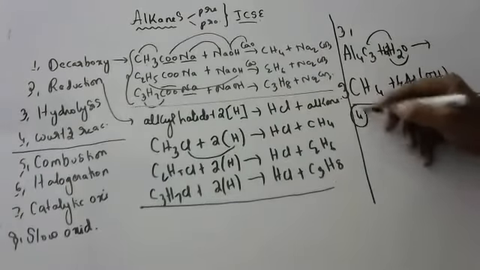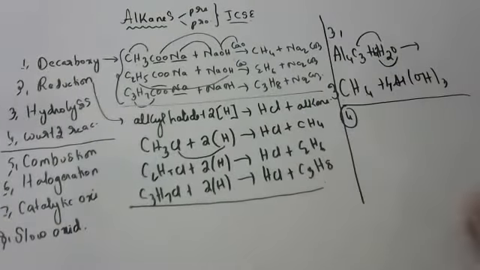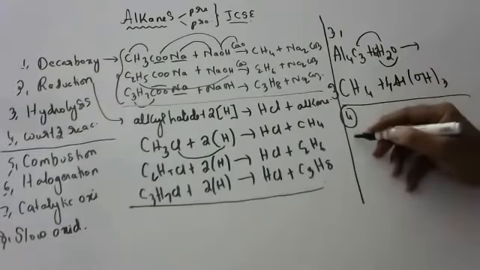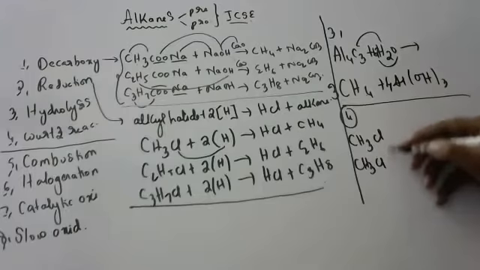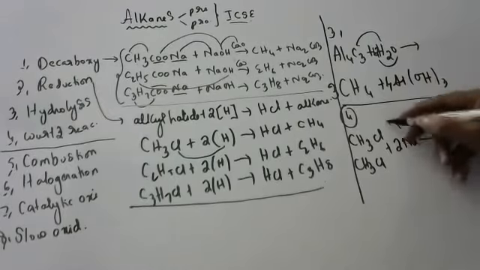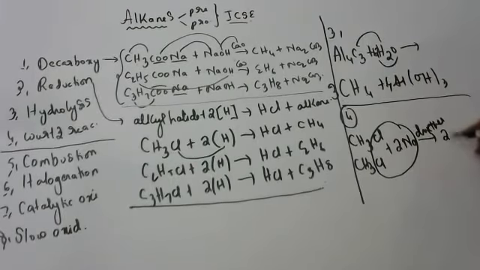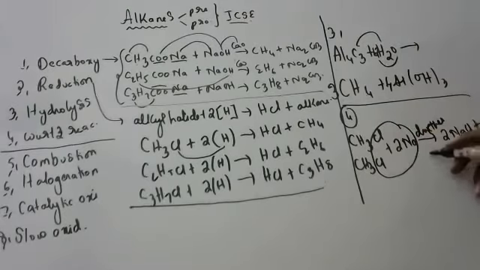And the last one, Wurtz reaction. Wurtz reaction is also important for your intermediate. So girls, you have to take two alkyl halides, CH3Cl and CH3Cl, and two sodium atoms in presence of dry ether. Then 2NaCl will go out as two sodium chloride molecules, plus CH3-CH3, which is C2H6, ethane.